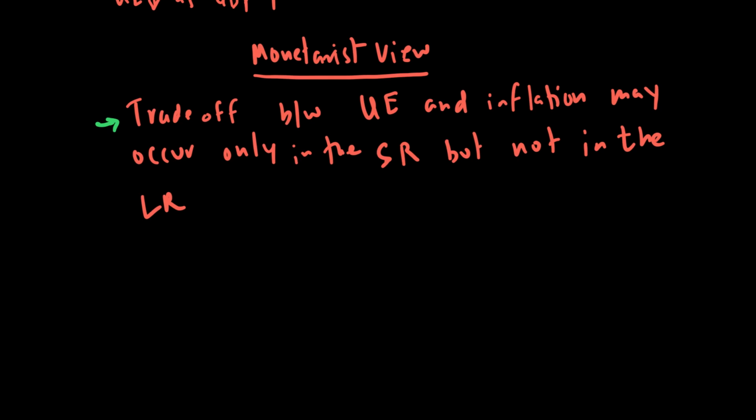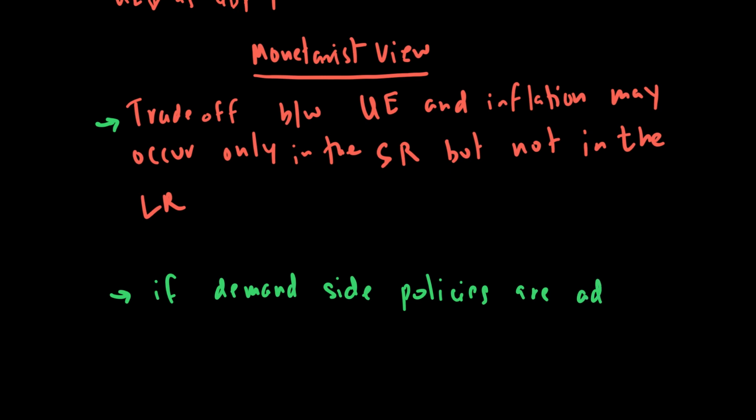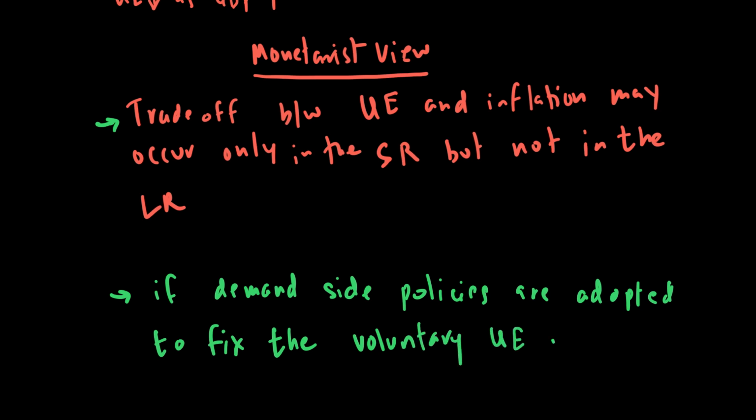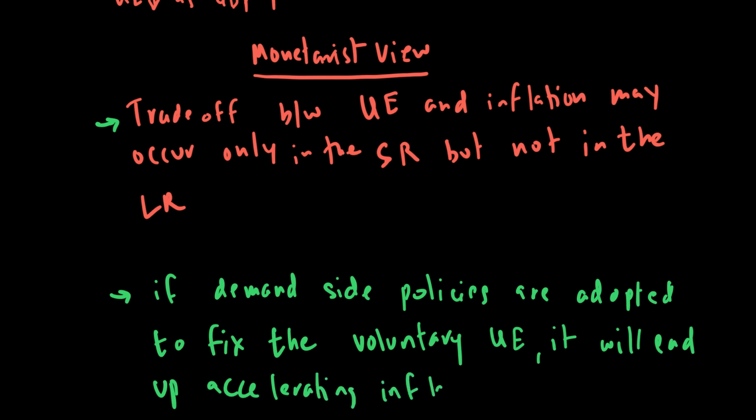So they come up with this idea, let me write this, that if demand side policies are adopted to fix the voluntary unemployment, it will end up accelerating inflation.